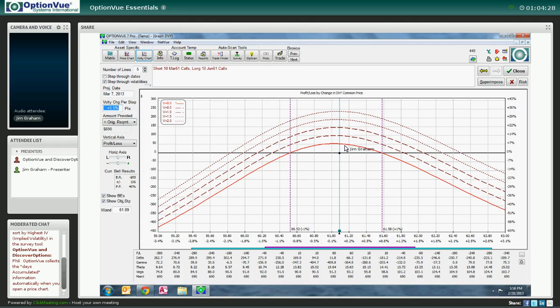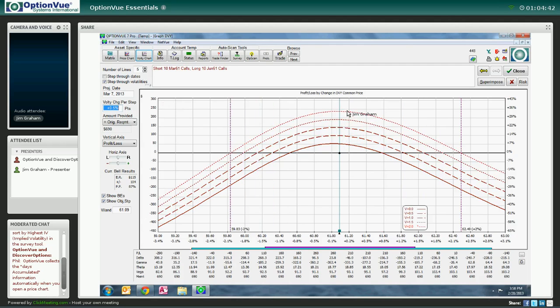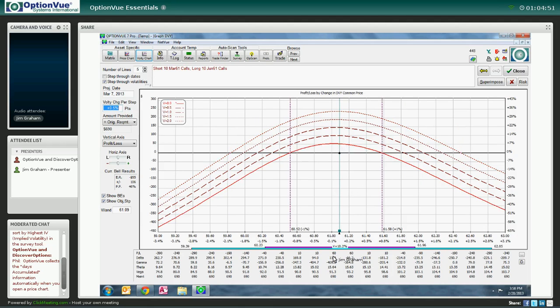In 7 days, if volatility doesn't change, that's what the profit loss of this trade will look like. But if volatility goes up 0.5%, 1%, 1.5%, 2%, you can see, even with the price ending up the same, or around 61, I'd make $260 versus $60, a big difference on a $690 trade.